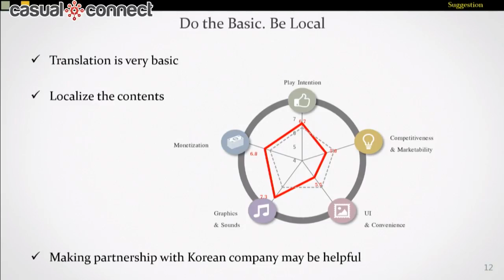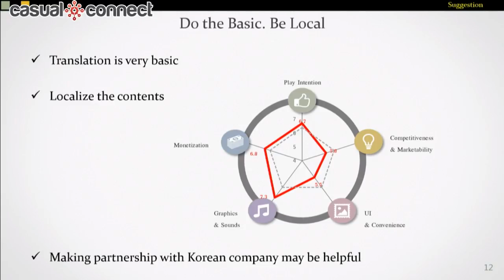Making partners with a Korean company, like finding a publishing partner, would be the best. But it's not so easy in the mobile gaming market. Then find local agencies instead, like marketing agencies or operating agencies, QA agencies. There are many available. Without their help, you would not be so successful. Then if you find Korean partners, they will cover your weakness, which is that you didn't do the localization.